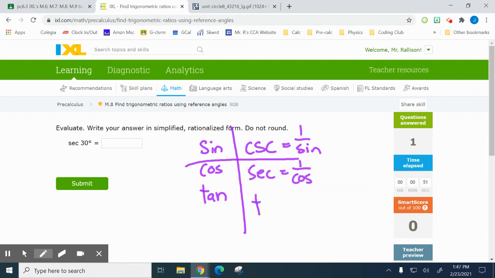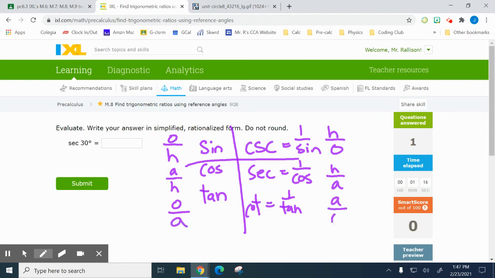And cotangent equals 1 over tangent. So if the sine is opposite over hypotenuse, cosecant is hypotenuse over opposite. If cosine is adjacent over hypotenuse, secant is hypotenuse over adjacent. If tangent is opposite over adjacent, then cotangent is adjacent over opposite. And that should get you through that one.